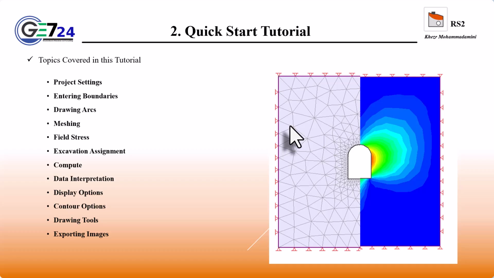First, we have project setting, and then we have the entire boundary, internal boundary and outer external boundary, and drawing arcs and shapes, circular and other shapes in the problems and simulations with RS2. Then meshing and field stress, also initial conditions, boundary conditions, excavation assignment, how to define excavation in the software, compute, meaning calculating and getting results, data interpretation, display output options, control options, and all of the results that we may want to get from this software.